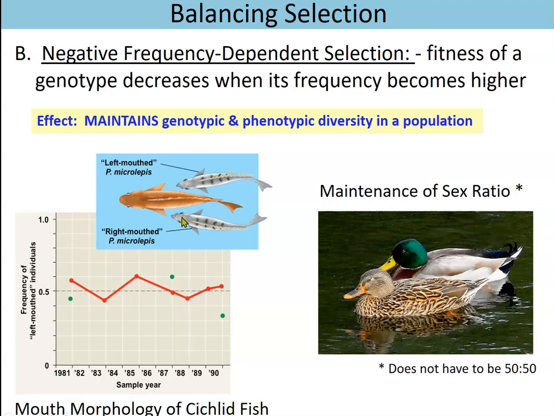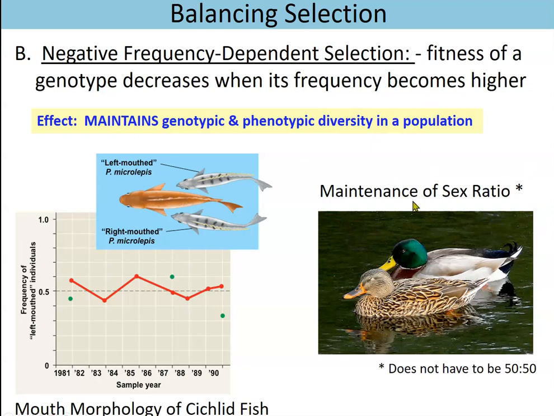The right mouth versus left mouth will dictate which side of the fish that you can be on when you're feeding or attaching to it. And so it's always more advantageous to be in the minority, and then that causes you to increase your reproductive success, and then you become the majority, and then it's more beneficial to be the other mouthed or sided fish. And so you can see their population goes up and down over time, which maintains the same genotypic and phenotypic diversity in life.